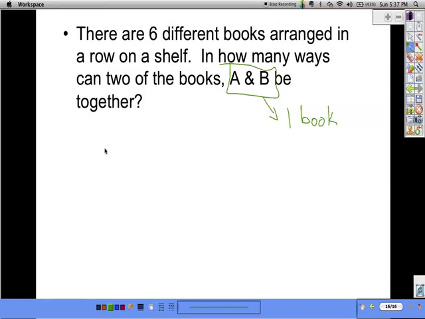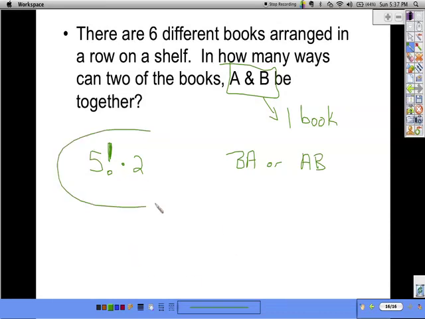So instead of having 6 factorial, we would be looking at 5 factorial. But we have to multiply that by 2, because we could go BA or AB within that ordering. And that's just a computation that needs to be made.